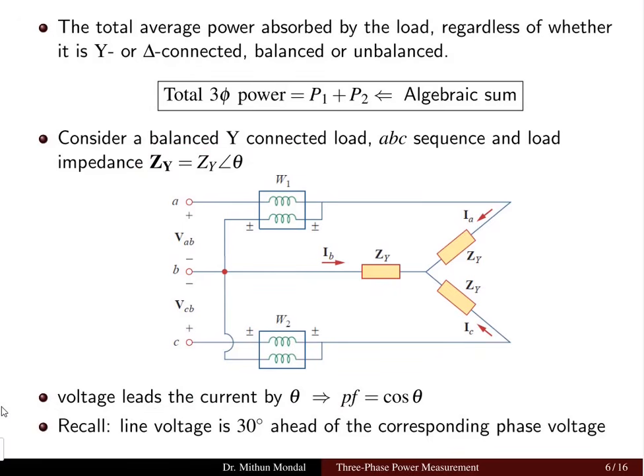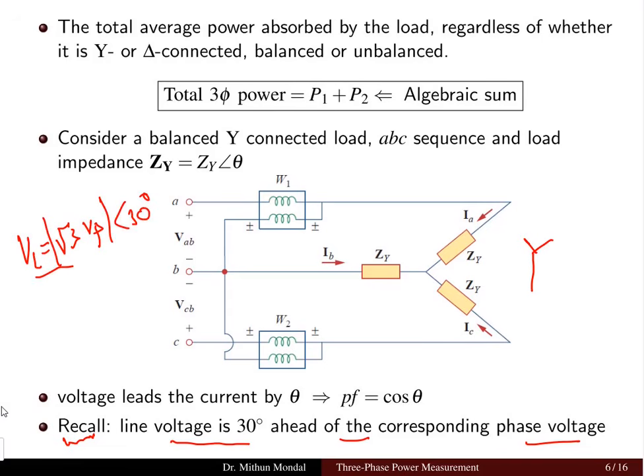Recall the discussion we had on the star connected network. This is basically a star connected network. The line voltage is 30 degrees ahead of the corresponding phase voltage. The line voltage is equal to √3 times the phase voltage. This is the magnitude, and it will be 30 degrees ahead.